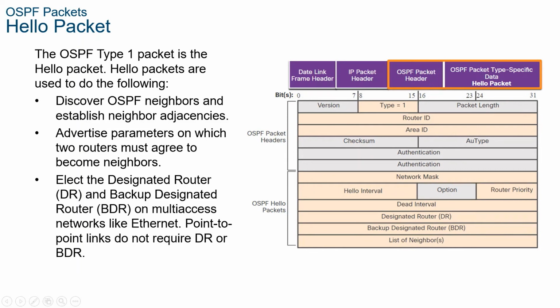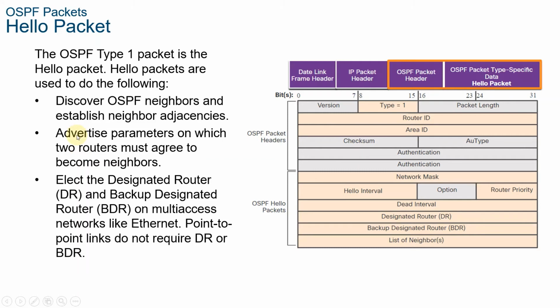Okay, so let's get into the detail about the Hello packet. The OSPF type 1 packet is the Hello packet. Hello packets are used to do the following. First, they discover OSPF neighbors and establish neighbor adjacencies.